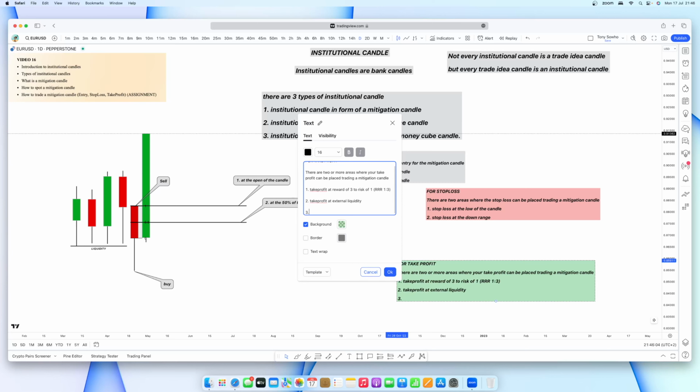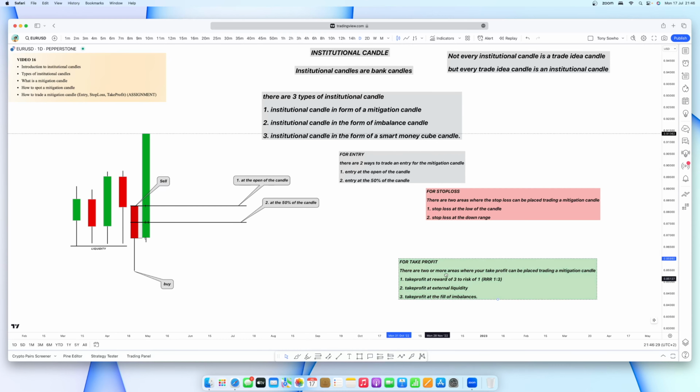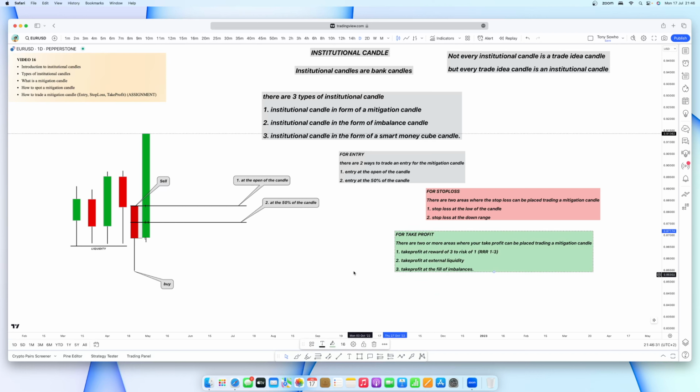Number 3, take profit at the fill of imbalances. So yes, that's it.